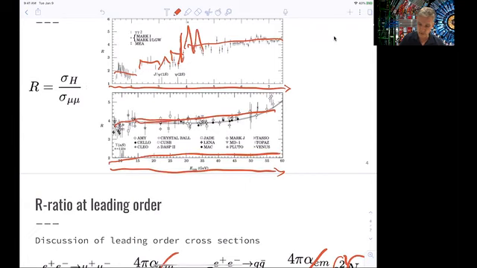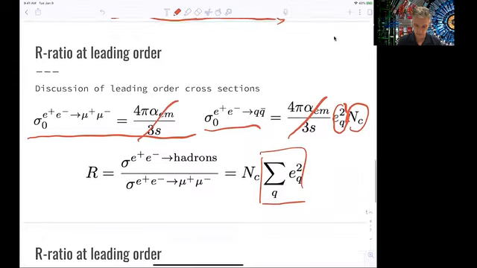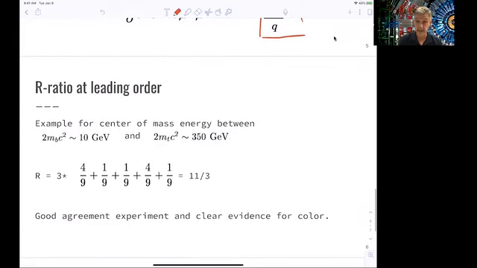And you see this is almost flat, and the number we get is almost 4. Okay? What we get from this leading order calculation is 3 times 4/9 for our up quark, 1/9 for down, 1/9 for strange, 4/9 for charm, and 1/9 for our bottom quark.